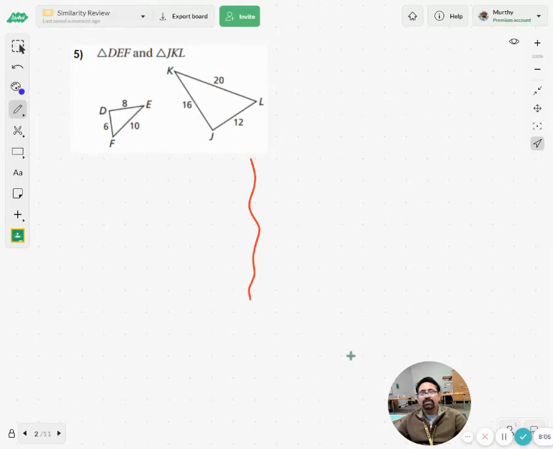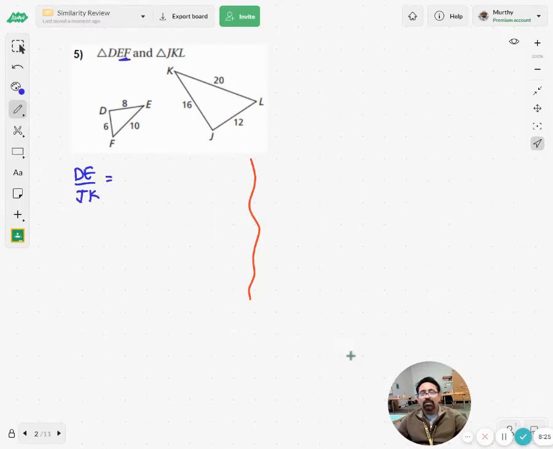The first method is I take DE, so the first two letters over the first two letters, it is JK. Let me write JK.